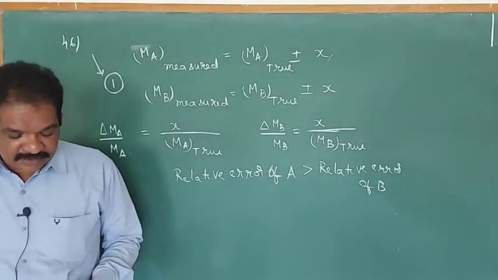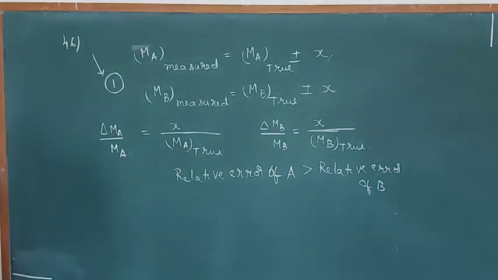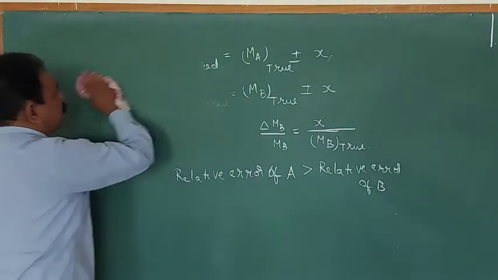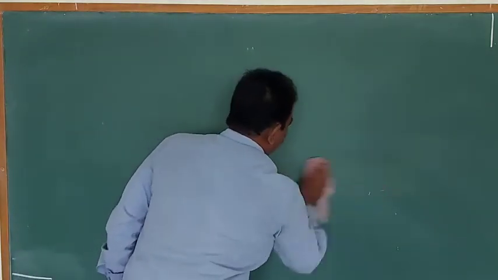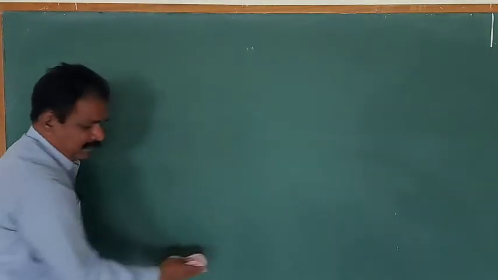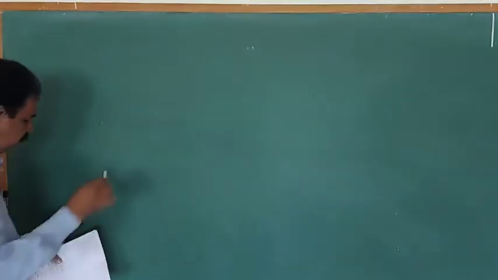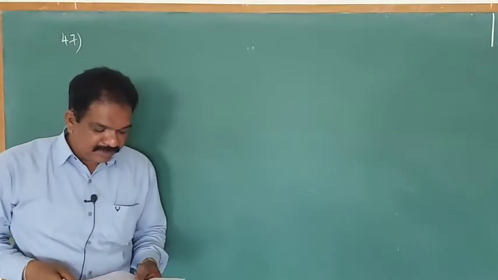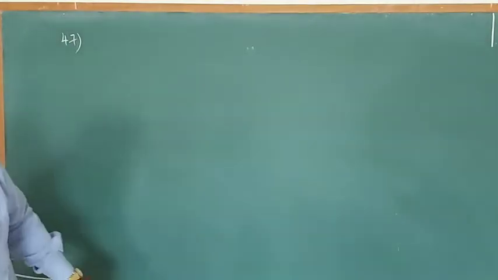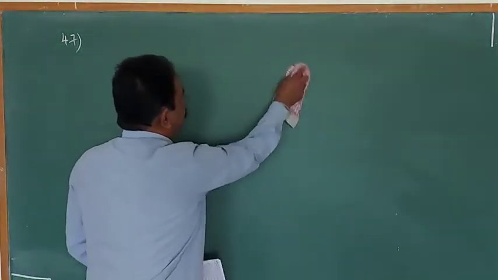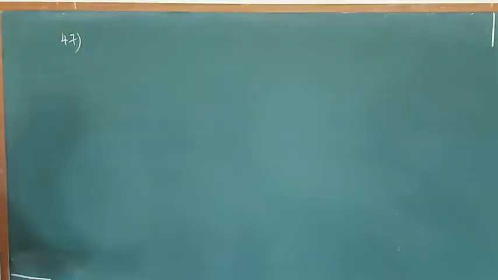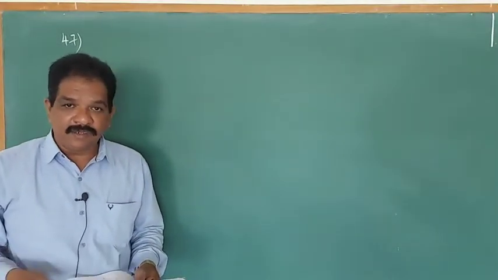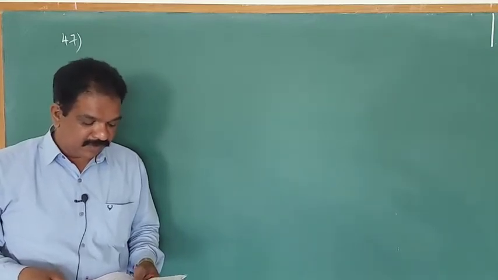Next, see the 47, what they are giving. The length and breadth of a rectangular sheet, length and breadth values they have given as 16.2 centimeter and 10.1 centimeter respectively.